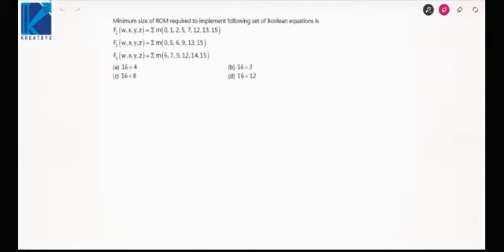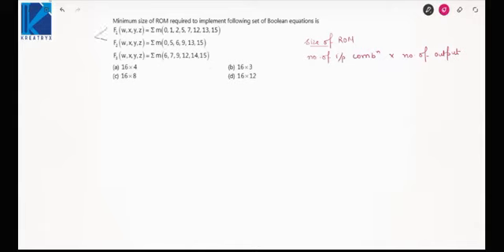Next problem. It is saying find the minimum size of ROM required to implement the following set of Boolean expressions. Now, size of ROM. How is the size of ROM decided? It is equal to number of input combinations cross number of outputs.